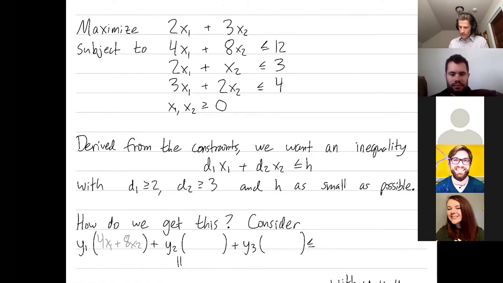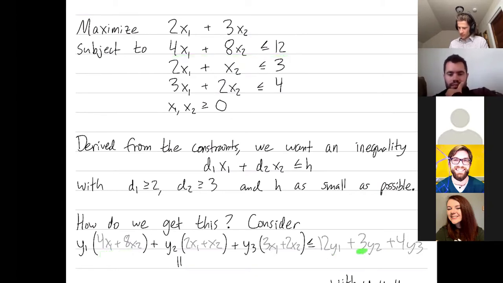And I could take y2 copies of the second equation, 2x1 plus x2. And I could take y3 copies of this third equation, and what is this bounded from above by? It's bounded from above by 12y1 plus 3y2 plus 4y3. Now 12 is coming from here.